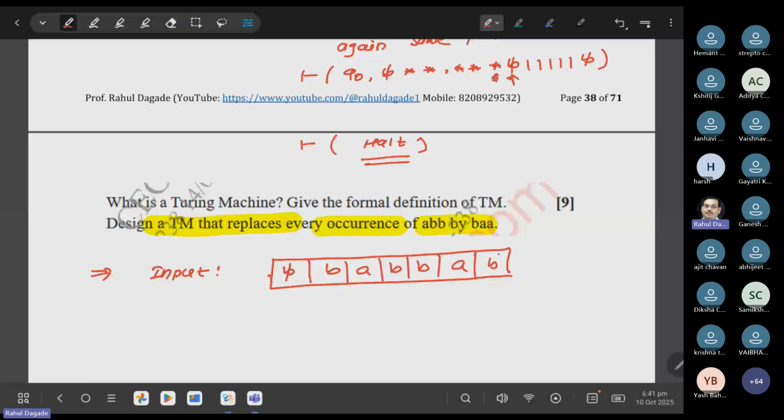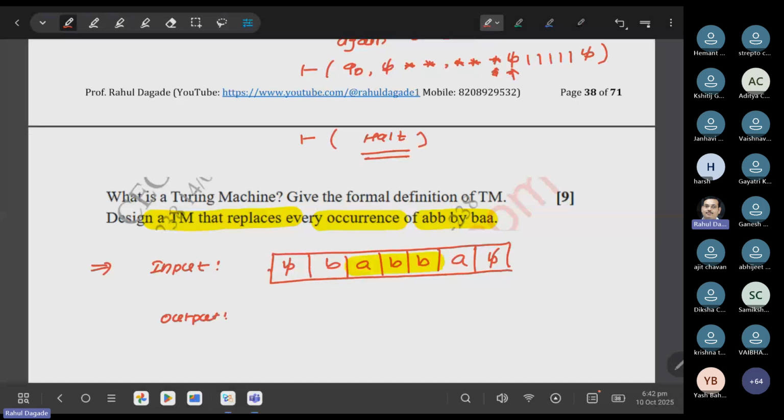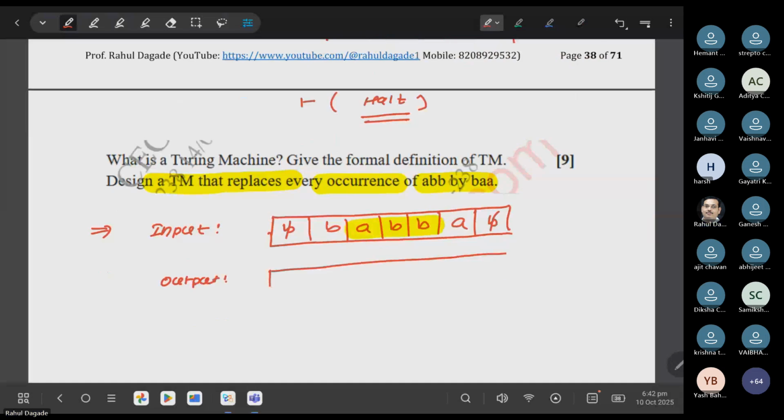Then what we have to do? We have to replace the ABB occurrence with BAA. So what will be our output? So our output will be blank B, and the ABB is replaced by B, A, A, and A, and blank. So this is the output.